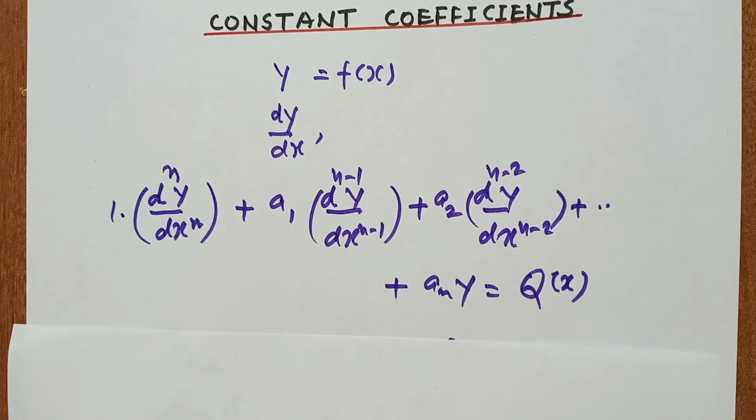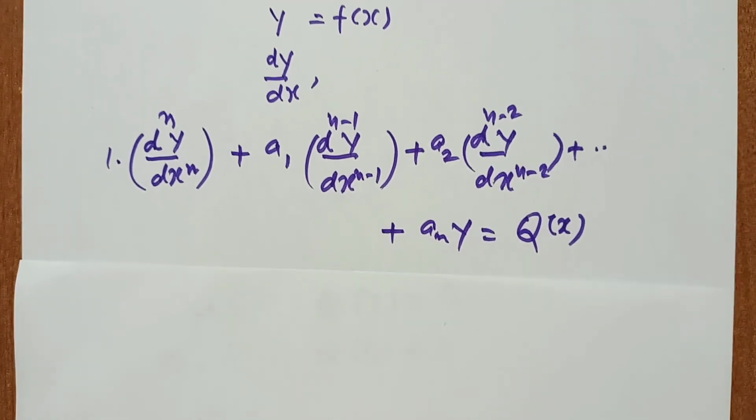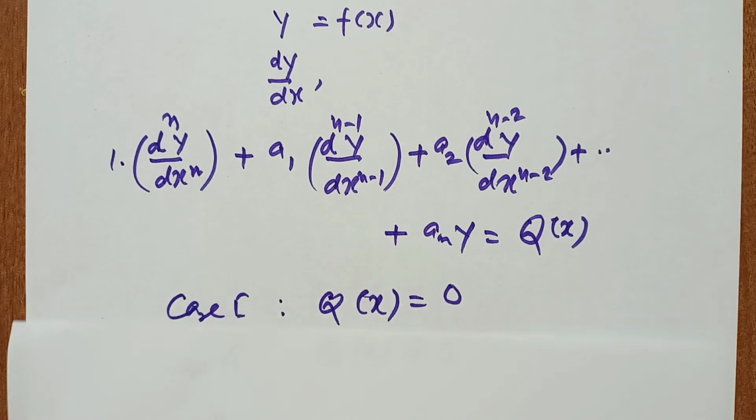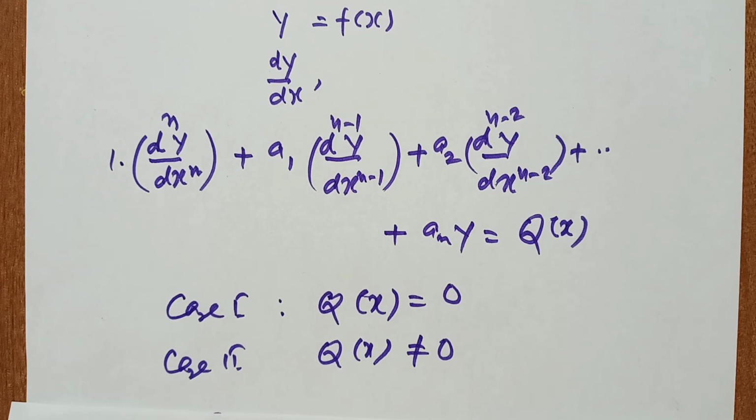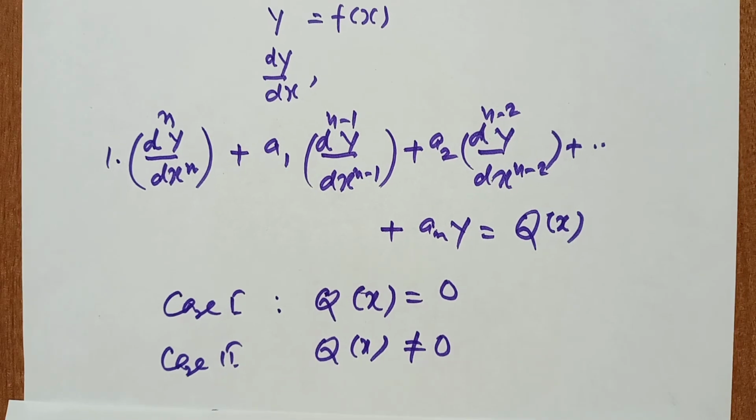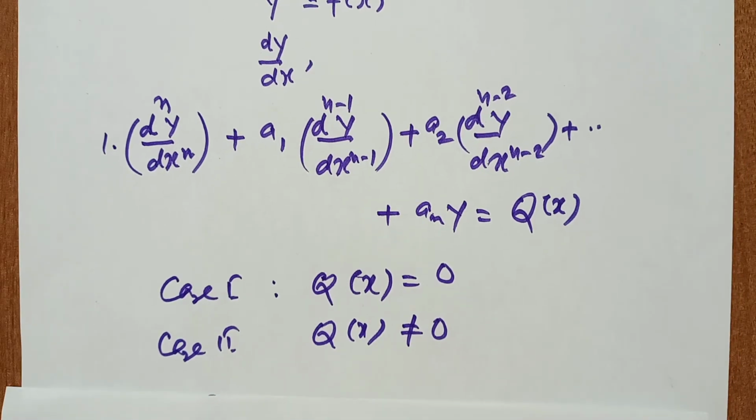So there are two cases. The first case is when the right-hand side, that is Q(x), is equal to 0, and the second case is Q(x) not equal to 0. Okay, so first we will study when Q(x) is equal to 0. In this case, first we calculate the auxiliary equation.